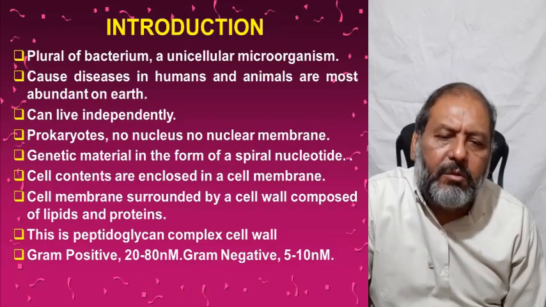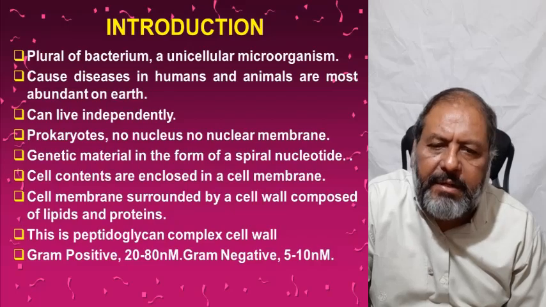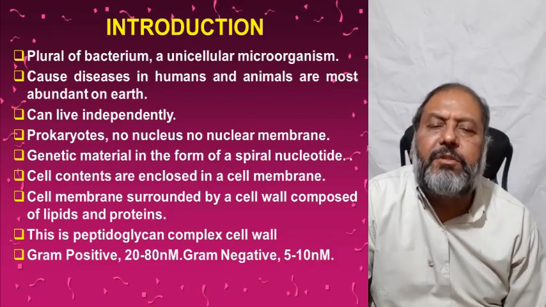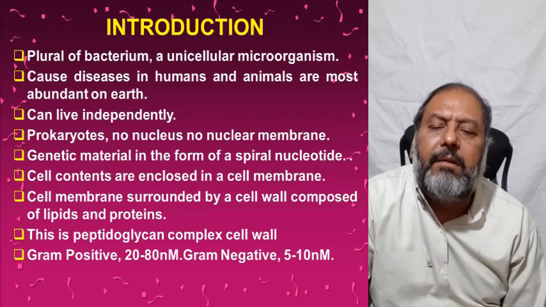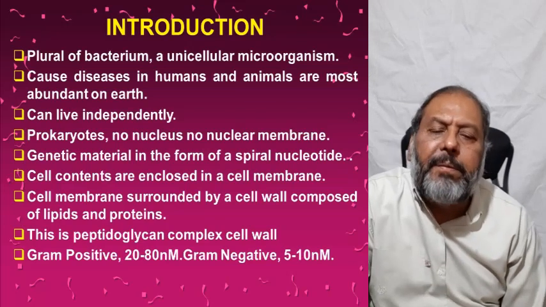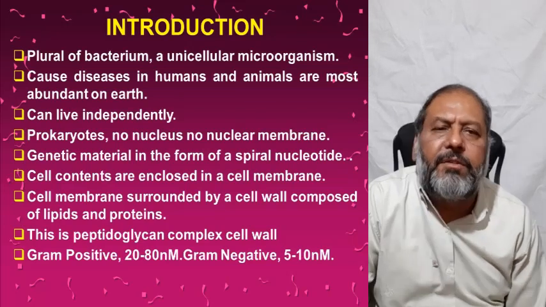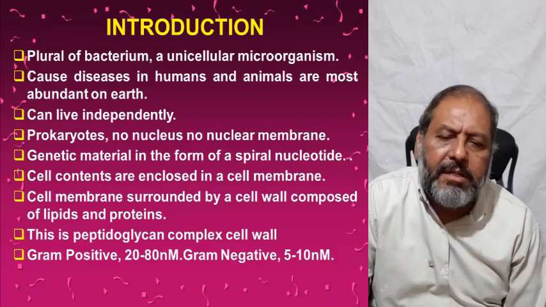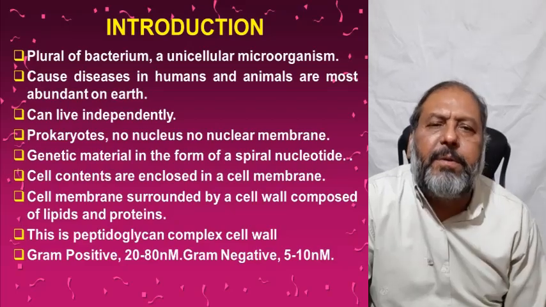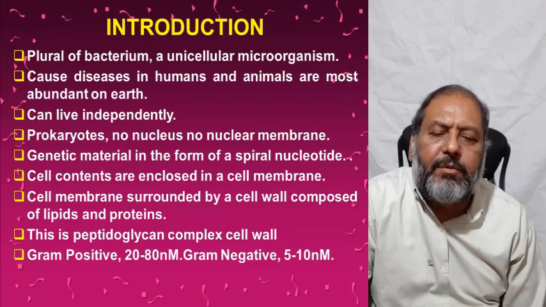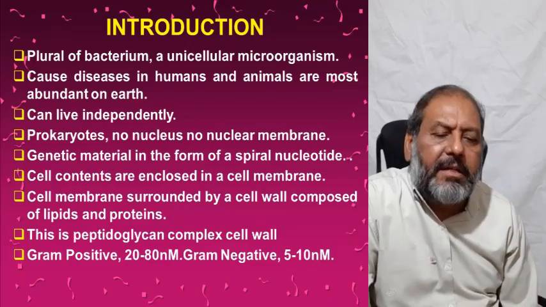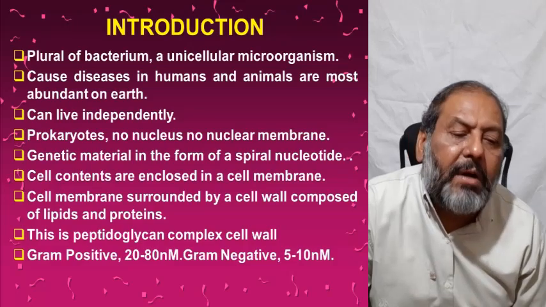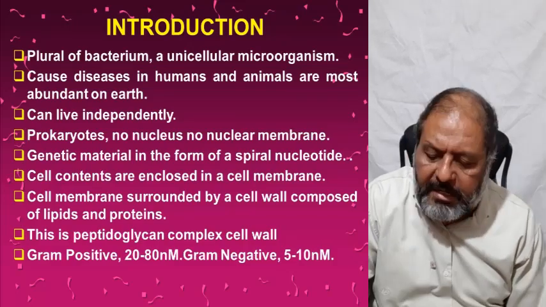Cell contents are enclosed in a cell membrane. The cell membrane is surrounded by the cell wall, which is composed of lipids and proteins. This is a peptidoglycan complex cell wall, which is unique in bacteria, and gram-positive bacteria do have this peptidoglycan about 20 to 80 nanometers in thickness, while in the case of gram-negative bacteria, it is 5 to 10 nanometers in thickness.